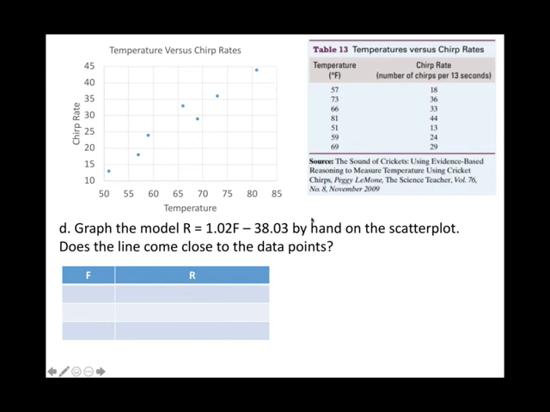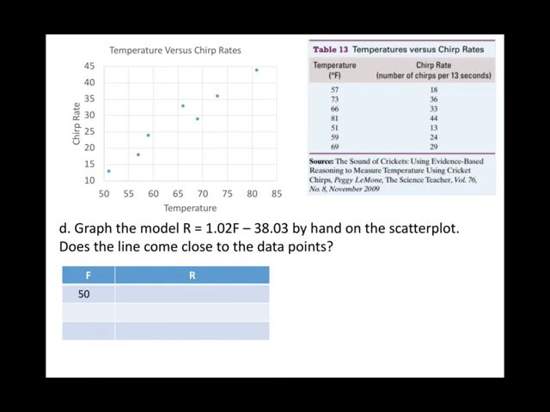Remember how to do that? We're going to make up some values for F in here, and then plug into the linear equation to figure out what R is, what the weight is. You could make up anything. I would try to make up numbers from 50 to 85. You could pick any numbers from 50 to 85 for your Fahrenheit.